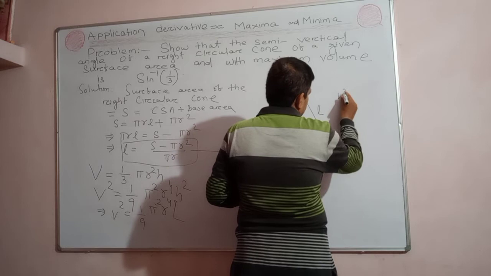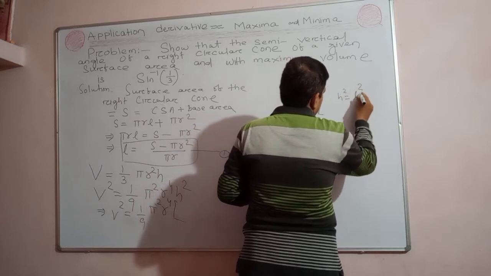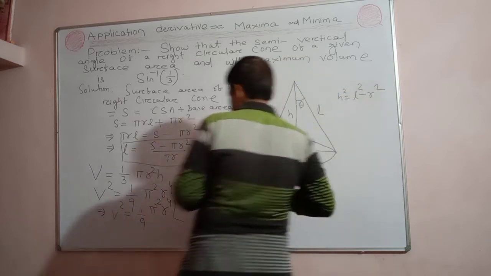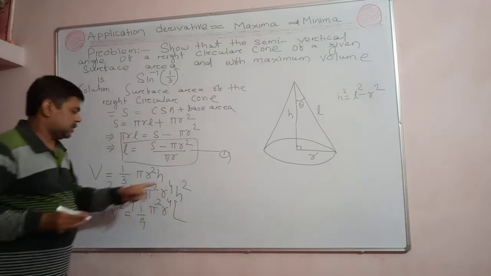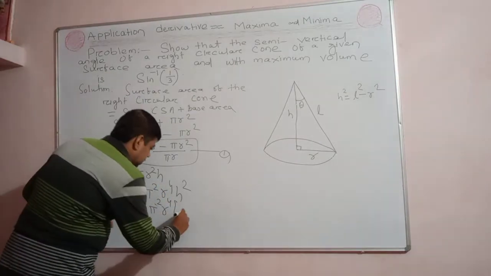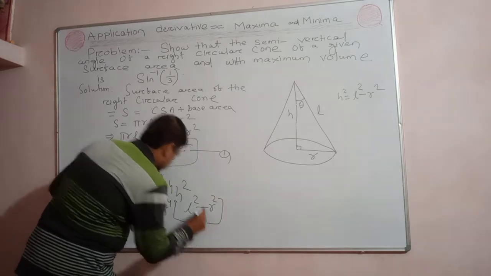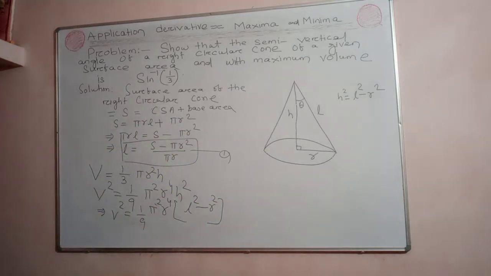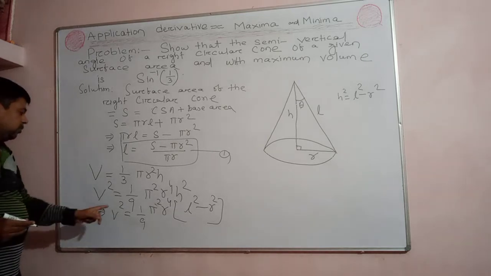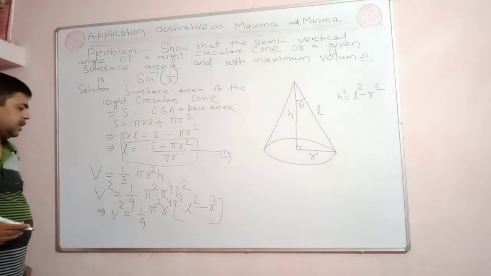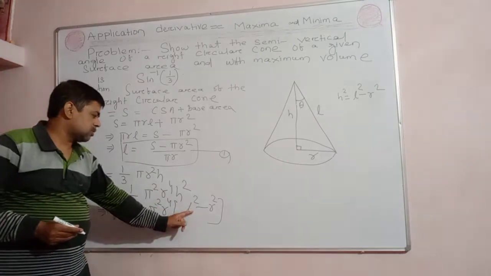So in place of h square we can write L square minus r square. Now V square is equal to 1 by 9 pi square r to the power 4 times L square minus r square.